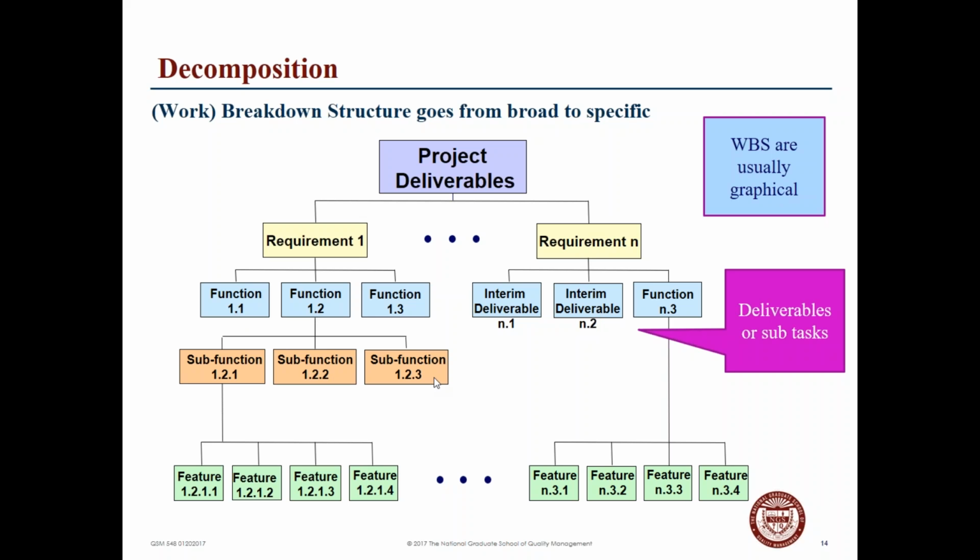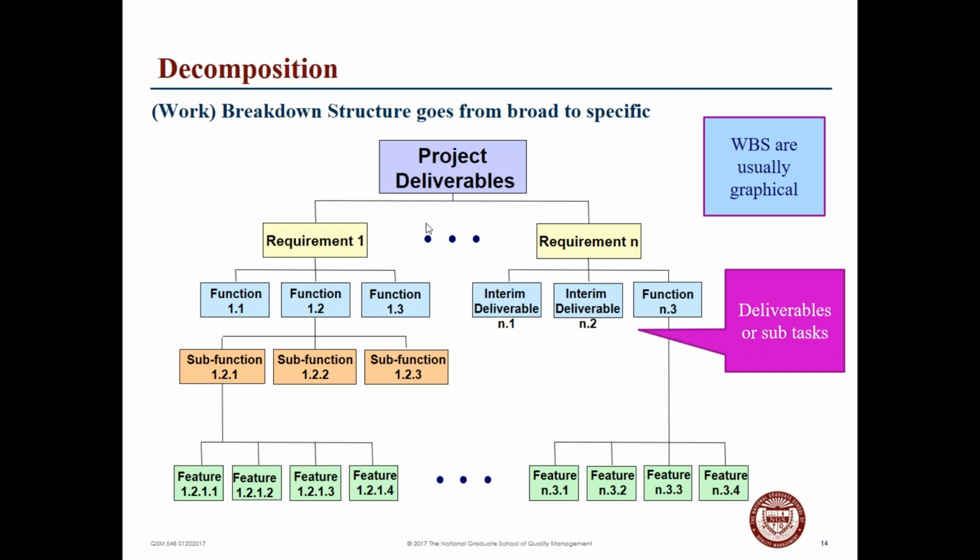And again, driving it down from the broad to the specific, the next level, sub-function 1-2-1, has 3 different processes below it. So as you can see, you start from a broader perspective, you move into a particular identified requirement, and break it into its functional pieces. Now each of these functions could have sub-functions and features.